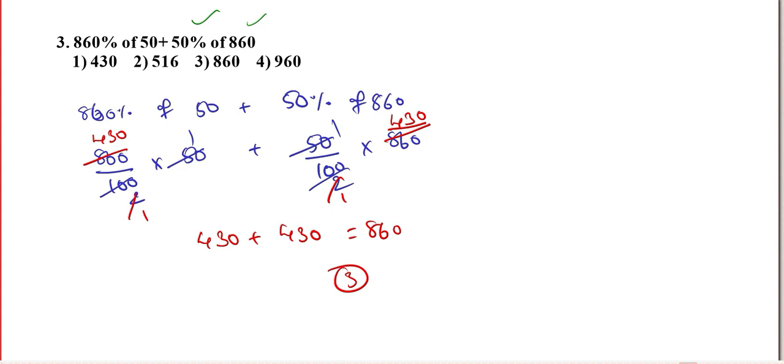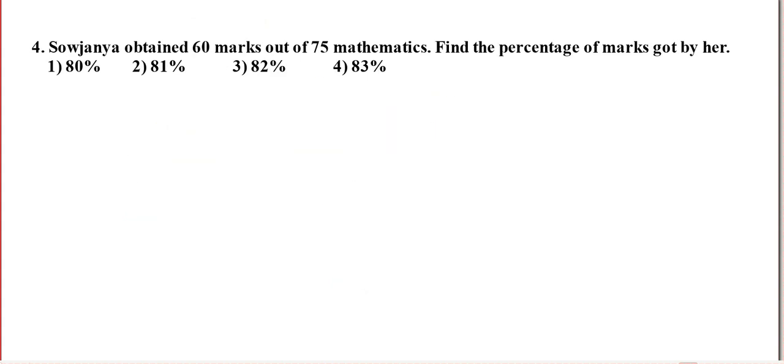Now let us go with the fourth question. Saujanya obtained 60 marks out of 75 in maths. Then find the percentage of marks that she got. Total how many marks are there? 75 marks. Out of that 75 marks, she got 60. So 60 out of 75 is the way we are representing the marks.